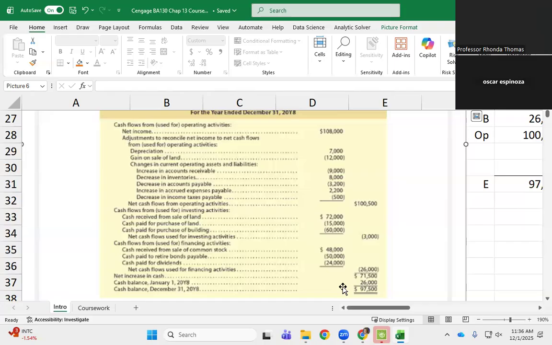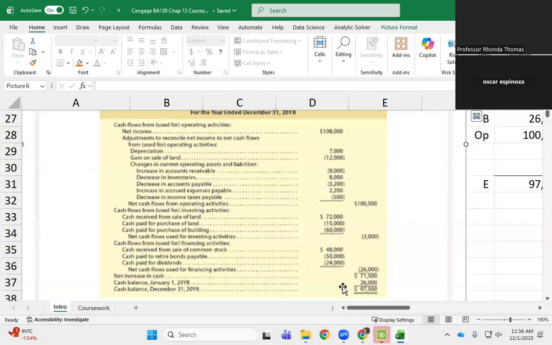The investing section actually made cash go down, by $3,000. When you make it go down, a decrease is used.